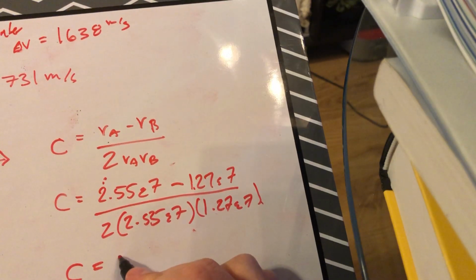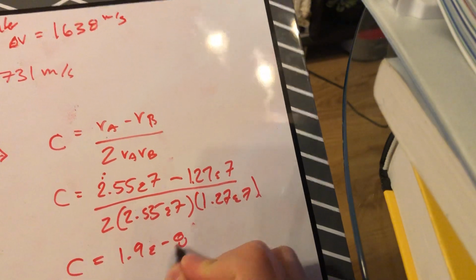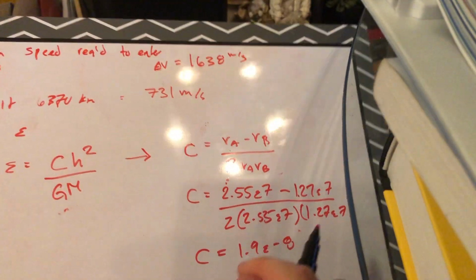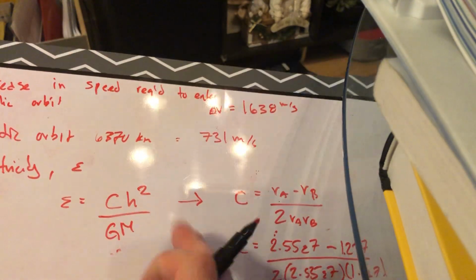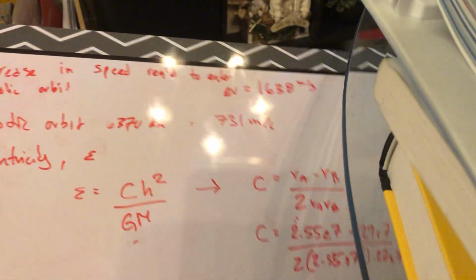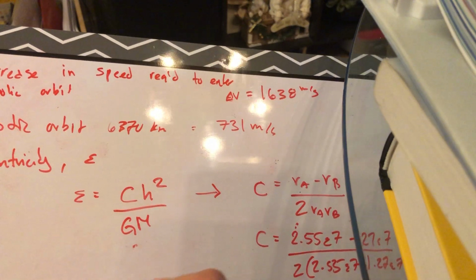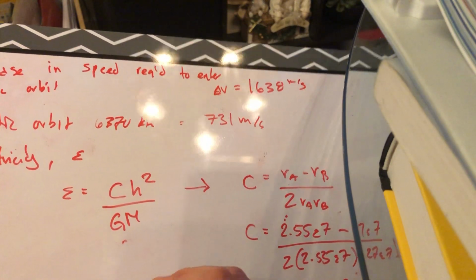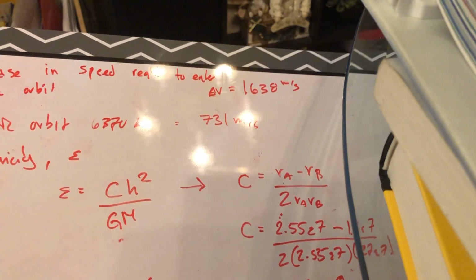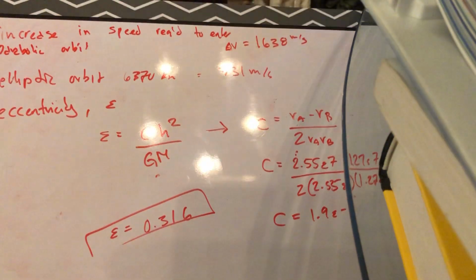C becomes 1.9 E minus 8. And then we put in our value for angular momentum, gravitational constant, and mass of the Earth, and that gives our eccentricity of the ellipse. That guy. Great.